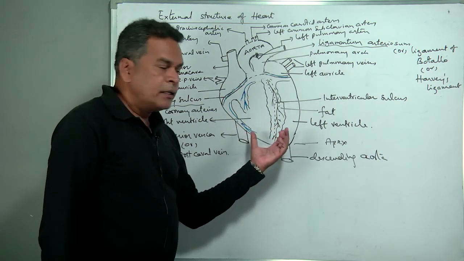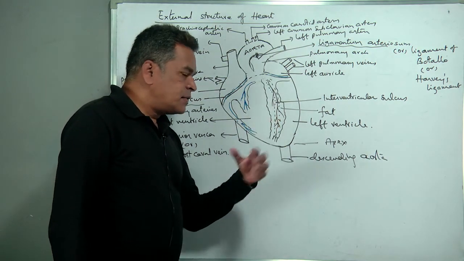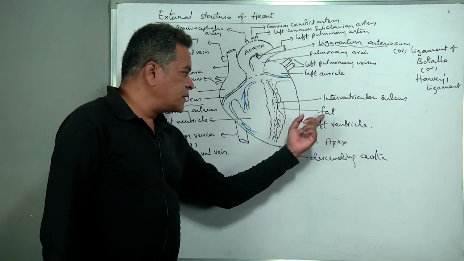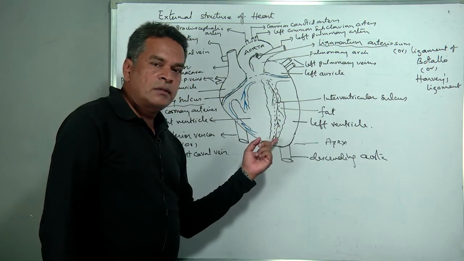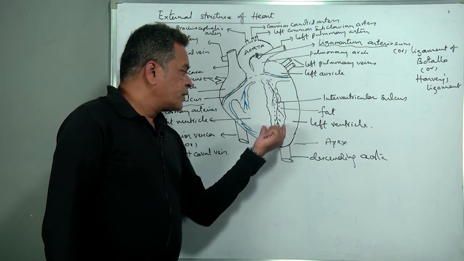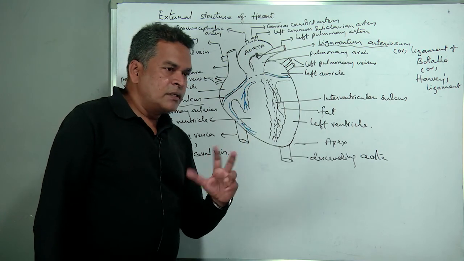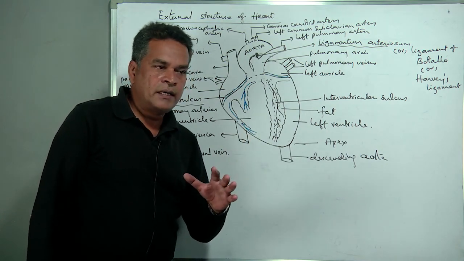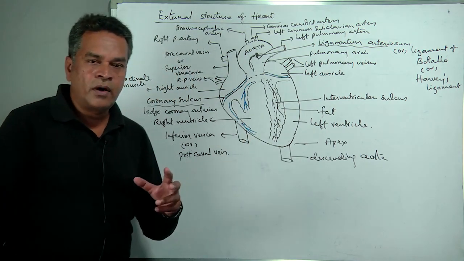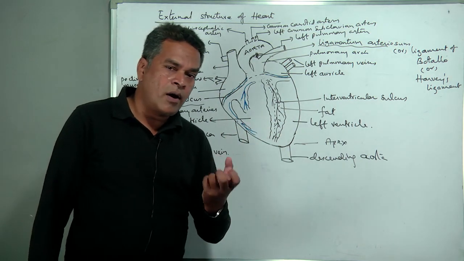One more point here: as the aging process takes place, fat deposition gradually increases. This deposition of fat takes place in the epicardium of the heart, which makes the heart slippery.